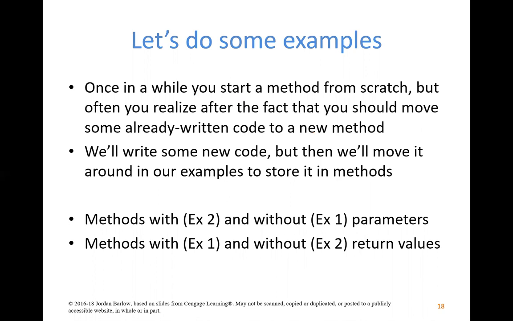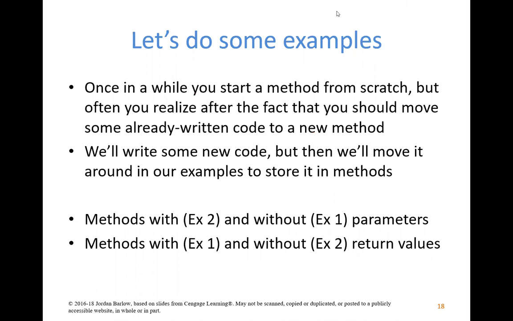And I'll actually create two custom methods. So you'll see one example where I use parameters, an example where I don't use parameters. And you'll see one example that has a return value and one example where the return value is void. So we're kind of mix and matching here.